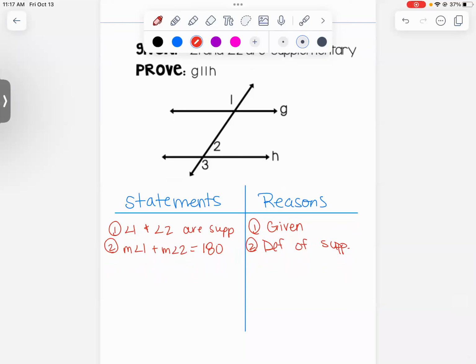They are a linear pair. So we know that angle 2 and angle 3 are supplementary because they are a linear pair. And if angle 2 and angle 3 are supplementary, then we know that their measures add up to 180.